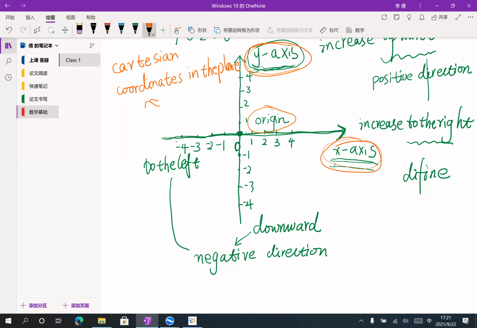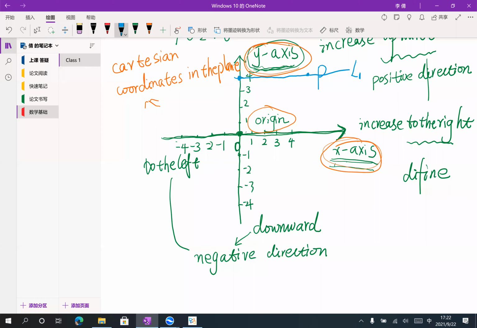So let's say there is a point P, and we draw a horizontal line through this point P. Let's say this line is L sub 1, and this line will intersect with the y-axis.